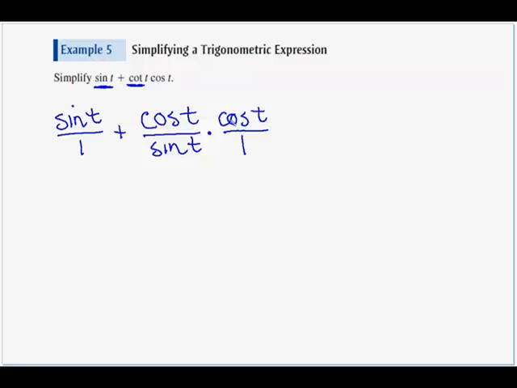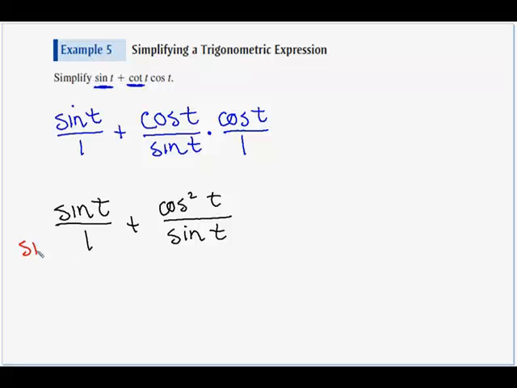Now when we combine these numerators, we have cosine times cosine, or cosine squared. So we still have our sine of t over 1, plus cosine squared of t over sine of t. Now we have two fractions with different denominators. The common denominator would be 1 times sine of t, which is sine of t.